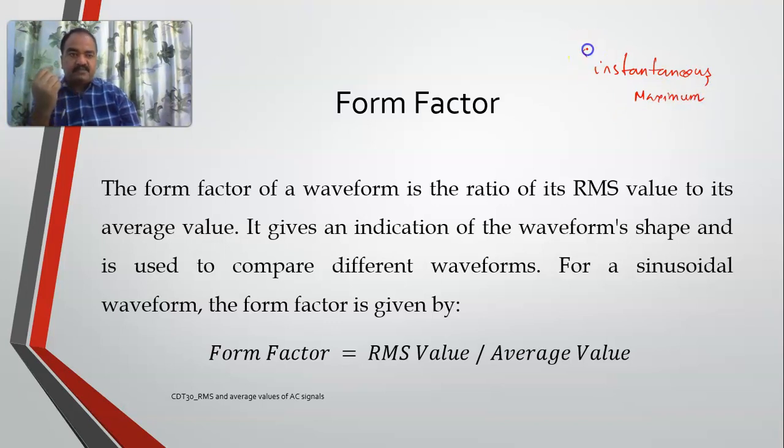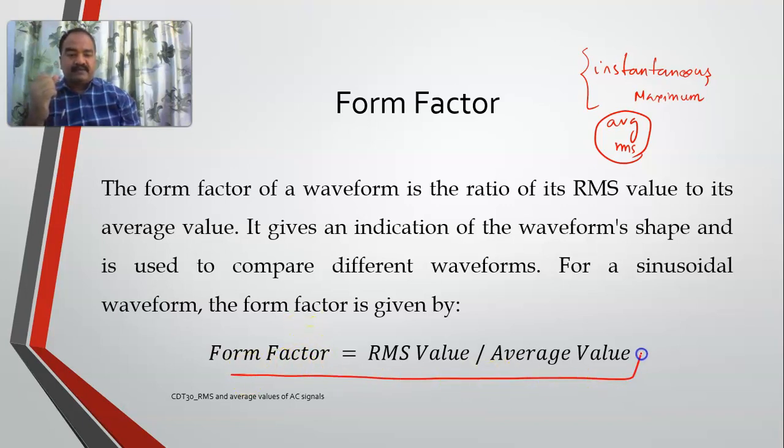These can be obtained just by observing the waveform. Now, additionally, you can calculate average and RMS. Based upon this, form factor can be calculated. Form factor is RMS value by average value. It indicates the quality of the shape of the sinusoidal wave.